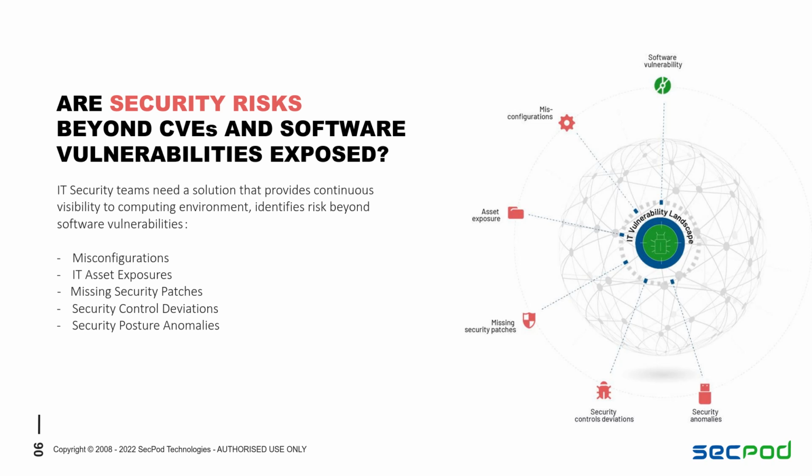So if you look at the attack surface holistically across the IT landscape, all of these are equally important, equally critical, and an attacker can exploit any of these with ease if these are widely open. So it's important that we deal with each of these risks beyond the software vulnerabilities themselves.